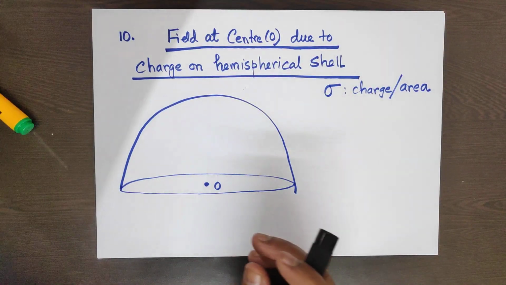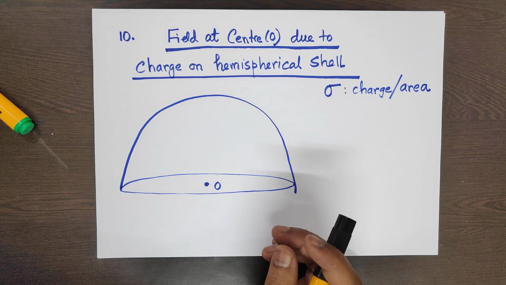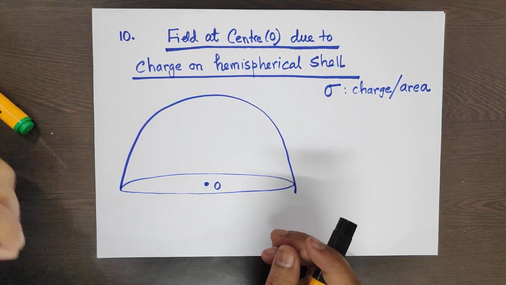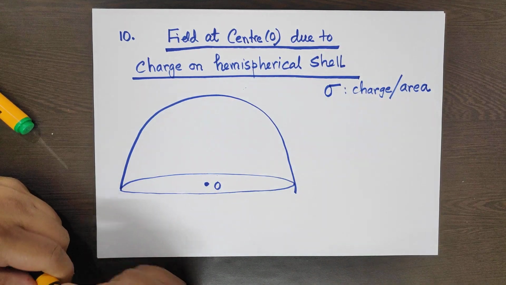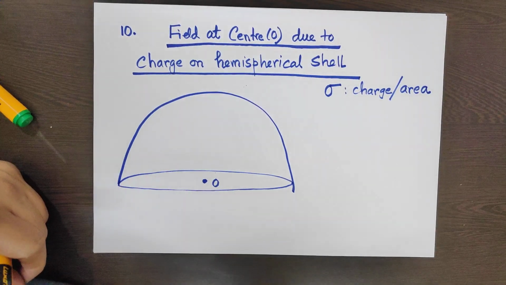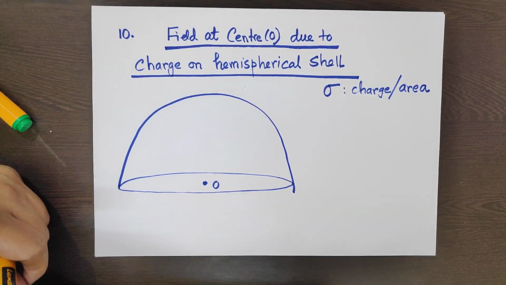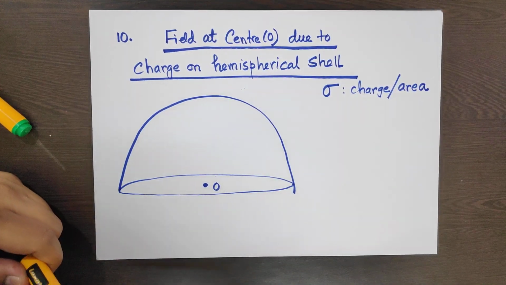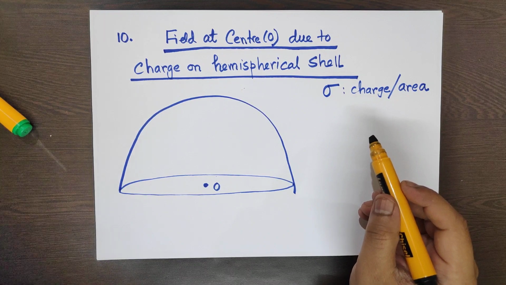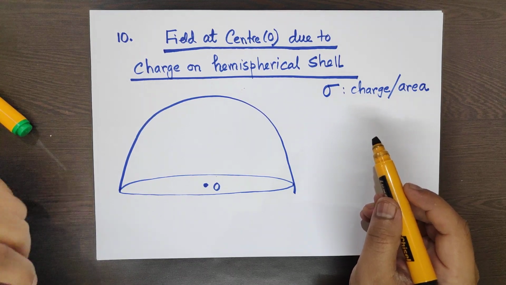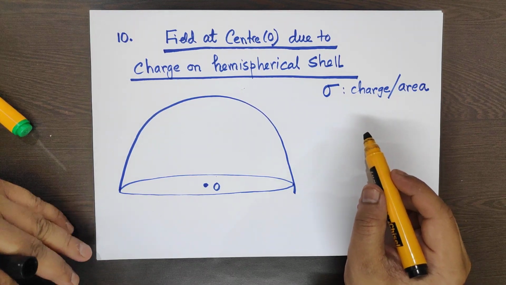Now, next problem, to find field at center O due to charge on hemispherical shell. Now, it has charge on the surface only. Charge exists on the surface, so the surface charge density is given as sigma. Okay.